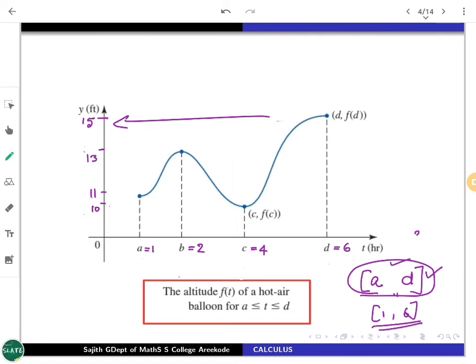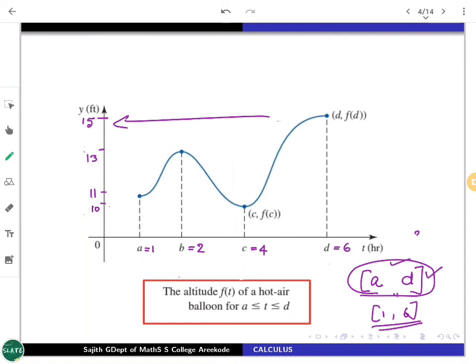Very similarly, I can talk about the absolute minimum too. According to this graph, at c I am going to get the absolute minimum, because my f of x value is going to be greater than or equal to f of c for any general x in the whole domain.